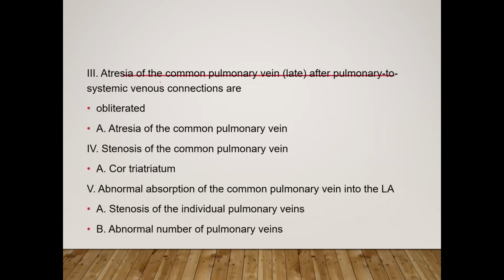Another thing is, if atresia of the common pulmonary vein occurs later where pulmonary venous connections are obliterated, it will lead to atresia of the common pulmonary vein, or if there is stenosis, this is cor triatrium. Abnormal absorption of the common pulmonary vein into LA may lead to stenosis of individual pulmonary veins or abnormal number of pulmonary veins. These are the types of abnormal venous drainage of the heart in overview.